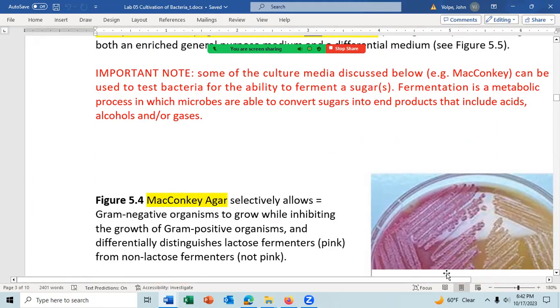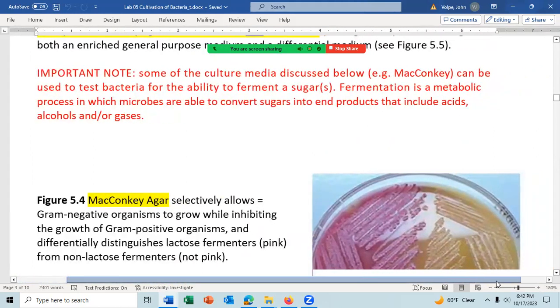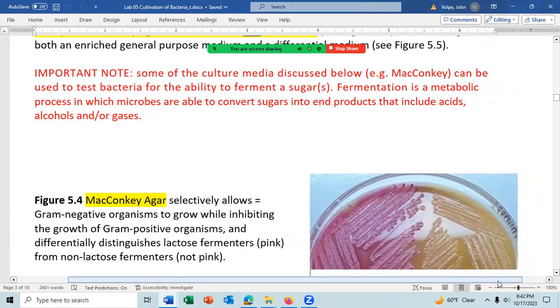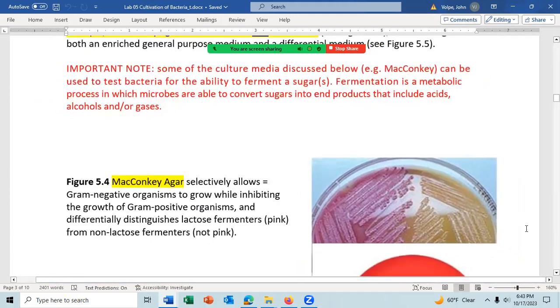On the other hand, if the cells do not ferment the sugar lactose, then the media will not be purple and the cells will be their normal color. So this one is either white or off-white, and it's a non-lactose fermenter. So MacConkey's is both selective and differential. Any questions about any of that?